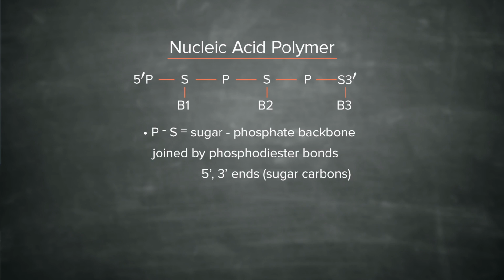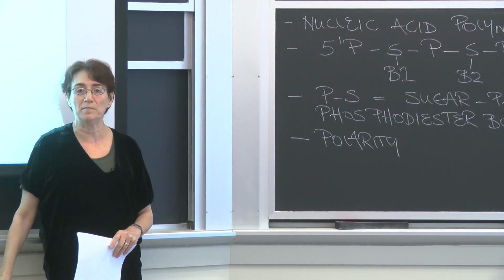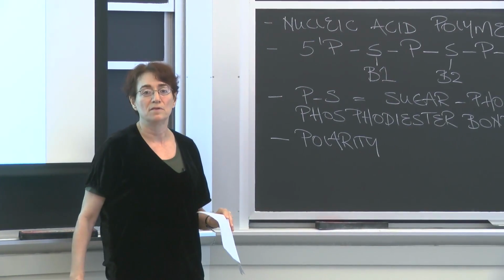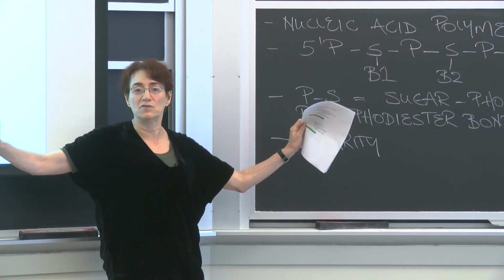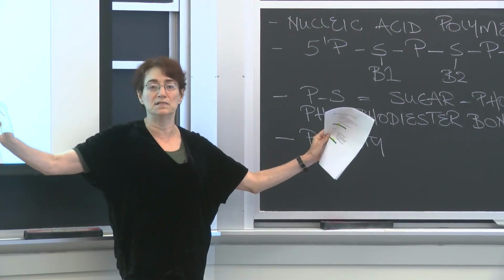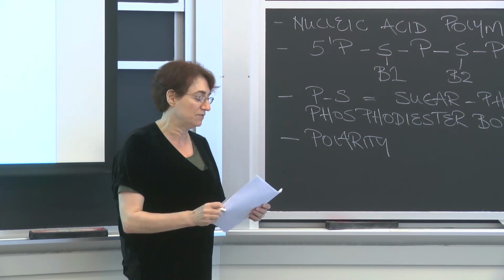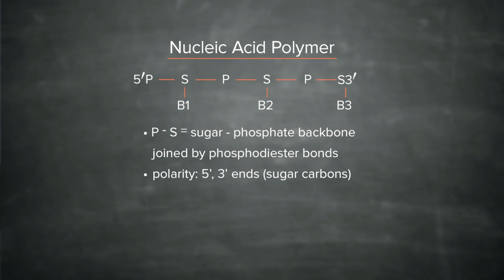Let's think now, going back to that polymer. You can see I've written 5' and 3'. At one end of the polymer, this has to do with polarity, there's a 5' end, and at the other end, there's a 3' end. Those are two different ends. They're chemically different, and the cell can distinguish them from one another, and that gives you part of the information coding in nucleic acids.